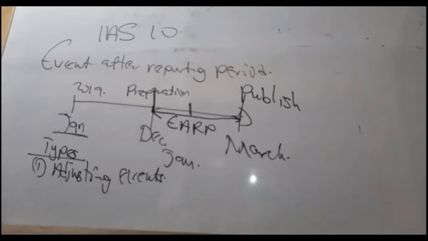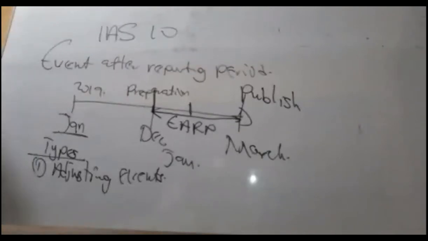Event after reporting period. But here it's an adjusting event. Why? Because there's evidence that these goods existed before the year end. There's a document, a proof that there are goods, but just that the physical presence is not there. That is it.